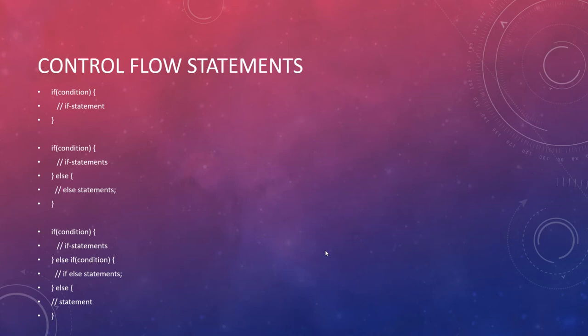Then we can use multiple if conditions, or nested if conditions. Where it says if condition 1 is true, then execute its statement, or else if condition 2 is true, then execute the second statement, else if both are false, then execute the else statement. The syntax is mentioned in the slide at the bottom.